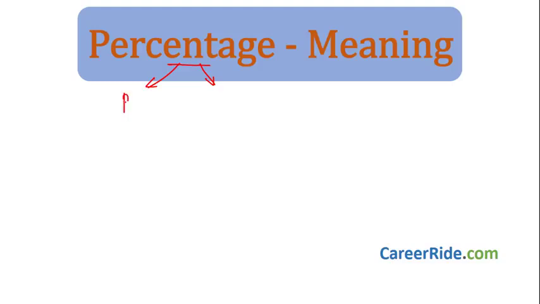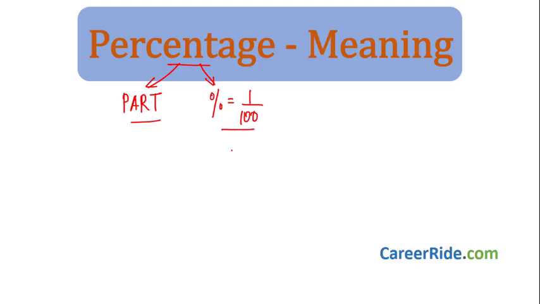One is percentage means part, that means a part of something, okay? And percentage has this symbol, and it means divide by 100. These are the only two meanings of percentage that we need to know to solve the sums. Percentage very simply means a part, and percentage means divide by 100.